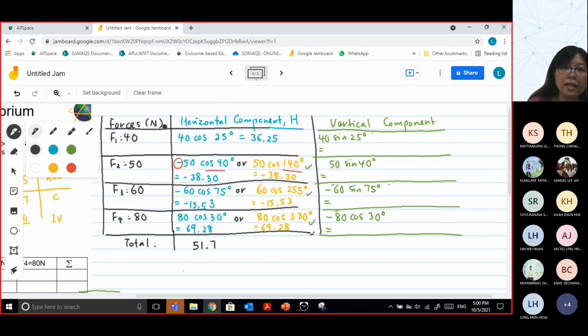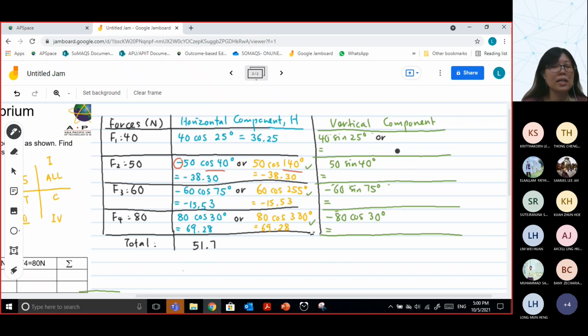Then if you're using the other way, you have no worry. If you're using the method which is measured from the positive x-axis, the first one you calculate as 40 sine 25. Then the second one you just calculate as 50 sine 140. You don't need to think about the sign. You just change the cos here to sine.